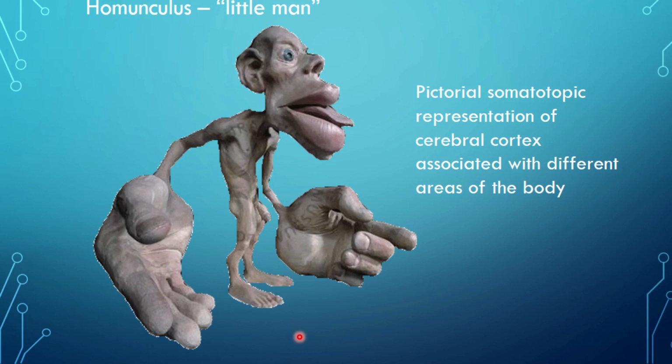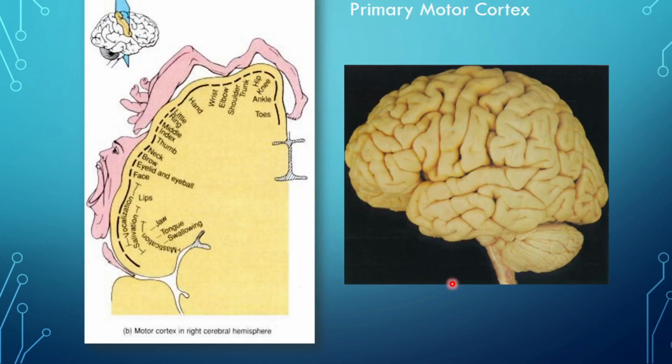So what we end up with is a very, very strange looking pictorial representation of the human, where some of the features are far more pronounced than others. And we call this representation the homunculus, or the little man.